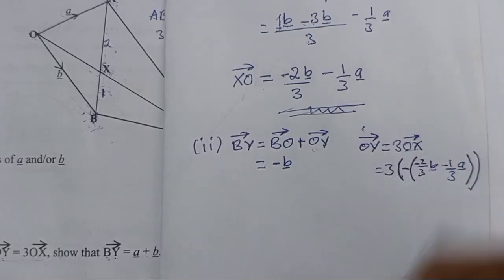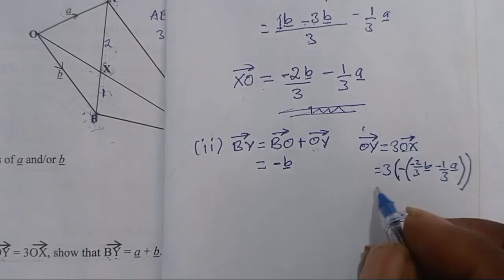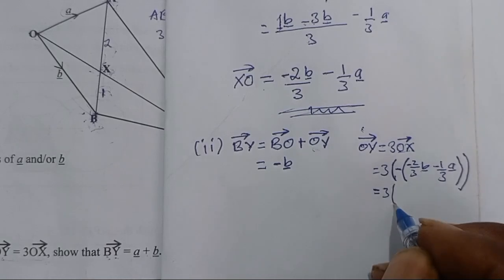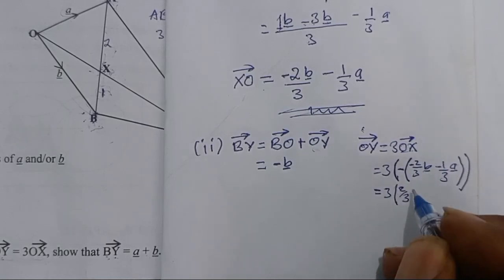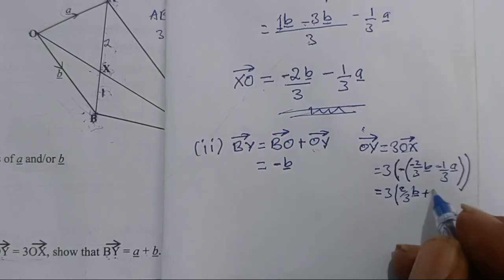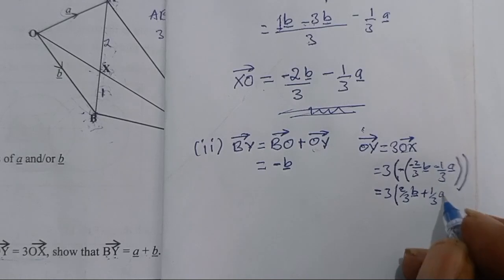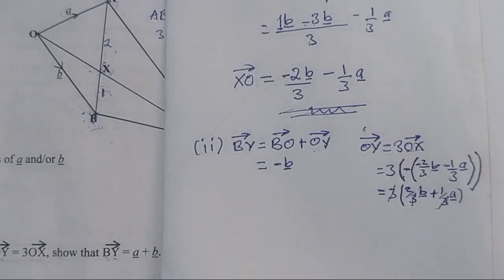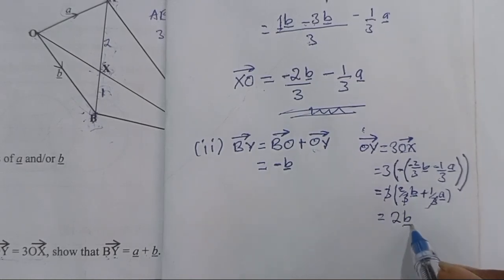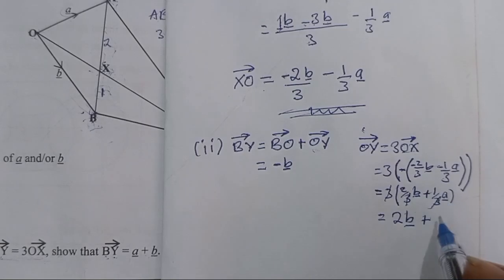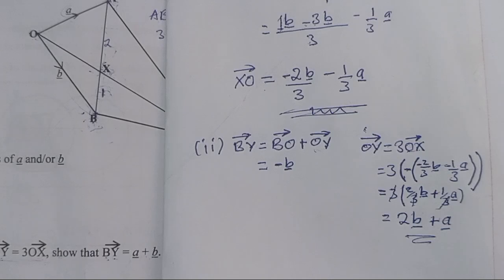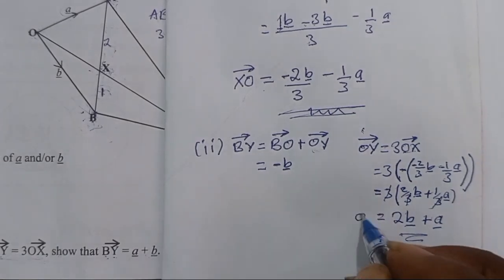From there, I'm going to break the brackets: negative, negative, that is positive 2/3 scalar b, negative, negative, that is positive 1/3 scalar a. So I remain with 2 scalar b plus scalar a. This is my OY.